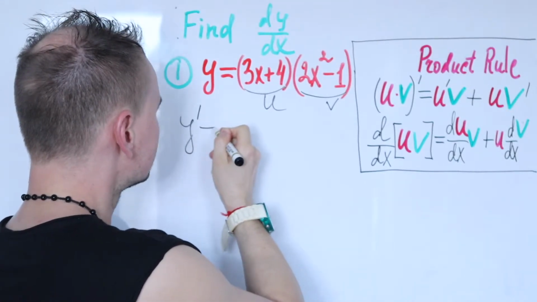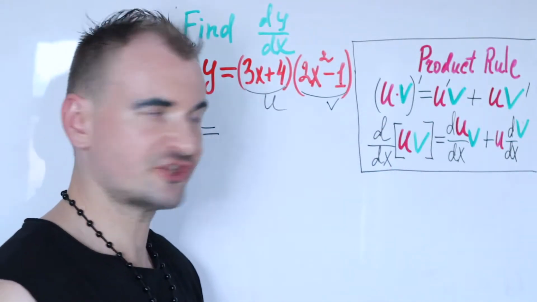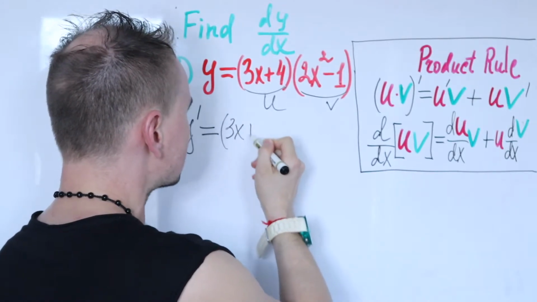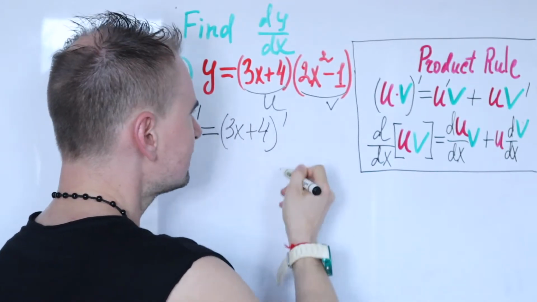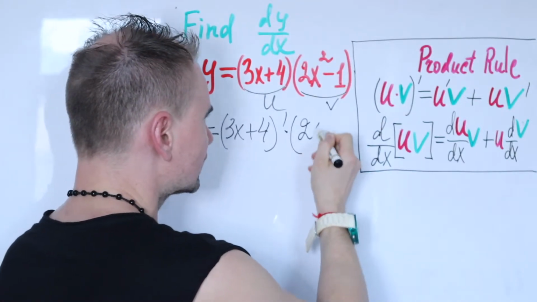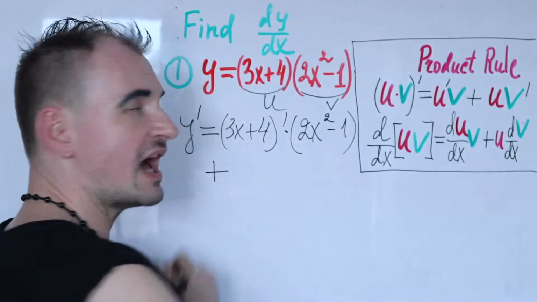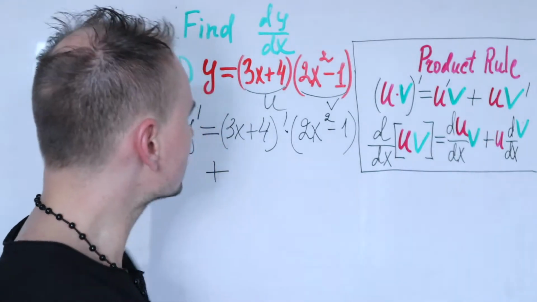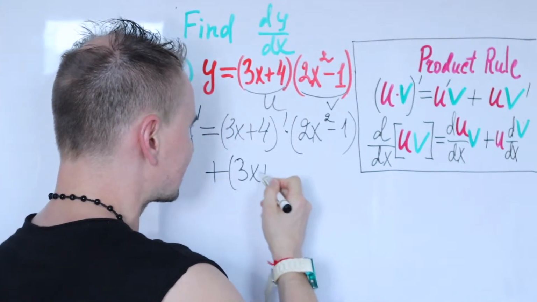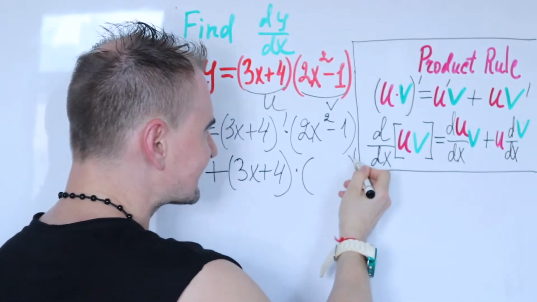Now, y prime equals, product rule asserts, the derivative of the first one, so 3x plus 4 prime, times the second function as is, 2x squared minus 1, plus the first function u as is, I'm going to rewrite it as is, 3x plus 4, times the derivative of the second function.